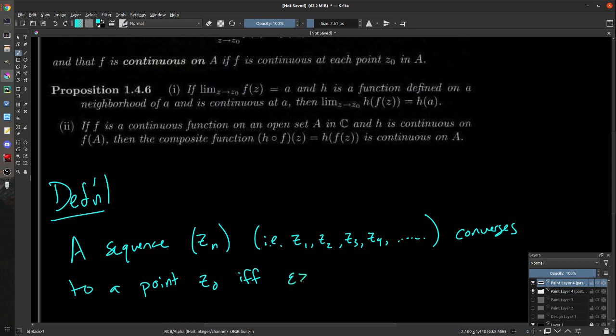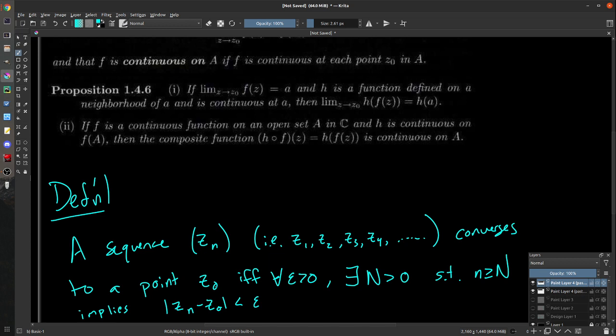If for every epsilon greater than 0, and let's use this upside down A to mean for all, so if and only if for all epsilon greater than 0, there exists a natural number big N greater than 0, such that n greater than or equal to big N implies that the absolute value of z_n minus z0 is less than epsilon.